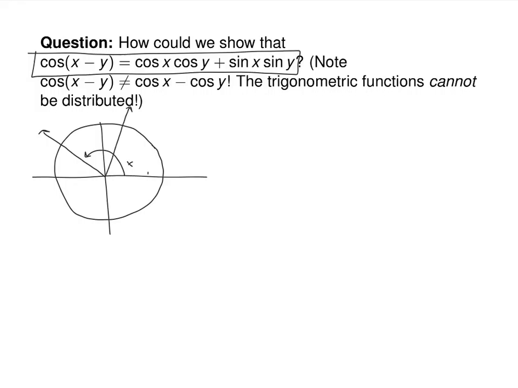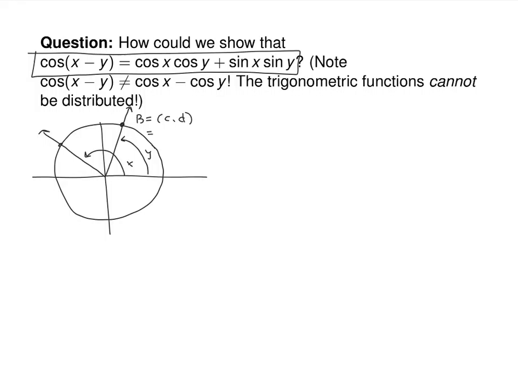And I'm going to call this angle y. The two points where my rays intersect the unit circle: I'm going to call this point B. It's going to have coordinates we're going to call C and D.